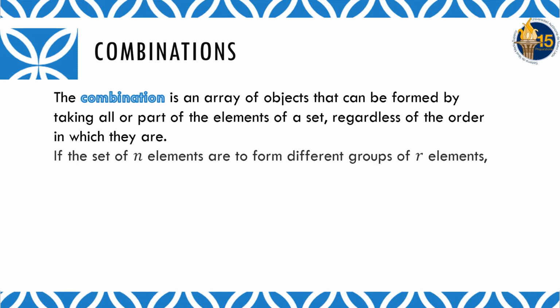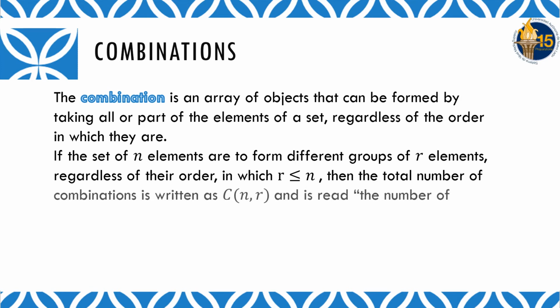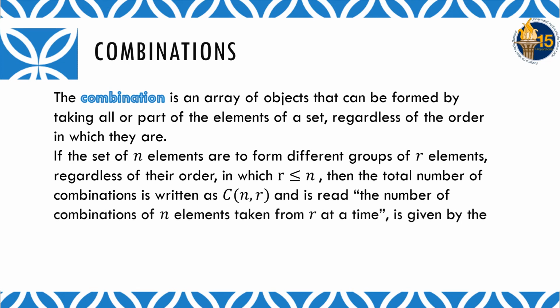If the set of n elements is to form different groups of r elements, regardless of the order, where r is less than or equal to n, then the total number of combinations is written as C(n,r), and is read the number of combinations of n elements taken r at a time. It is given by the expression n factorial over r factorial times (n minus r) factorial.